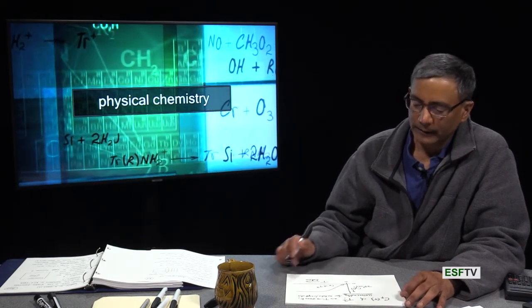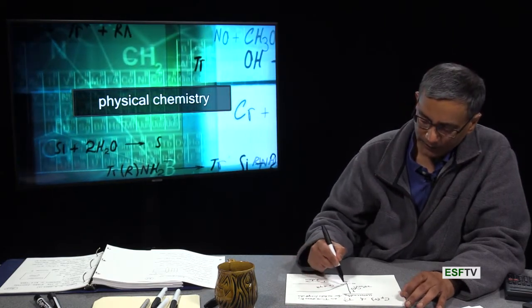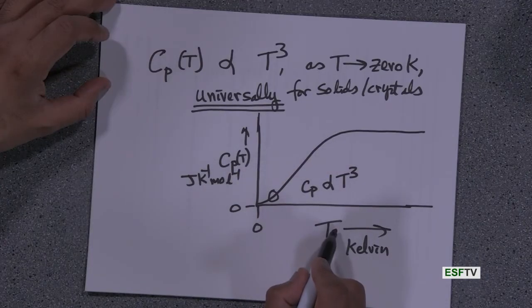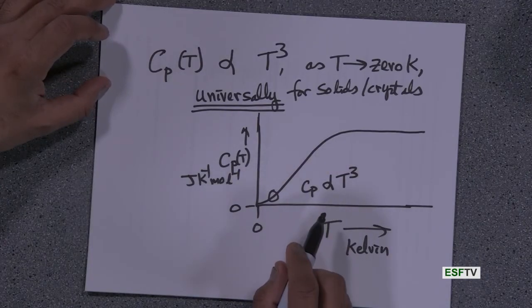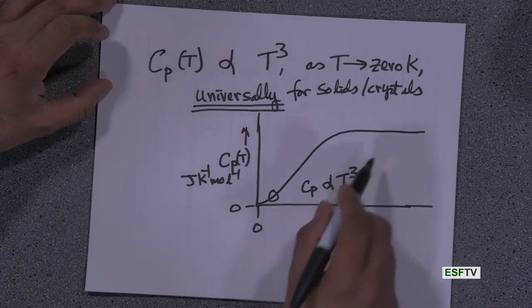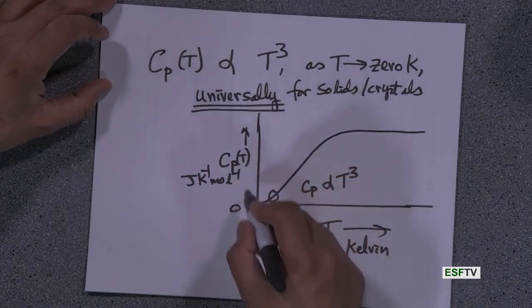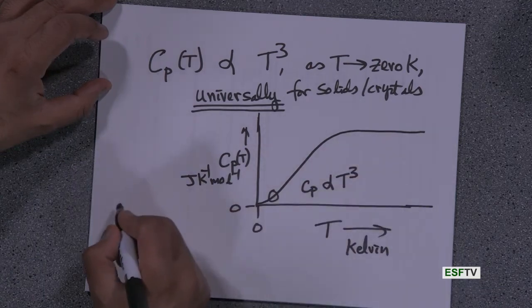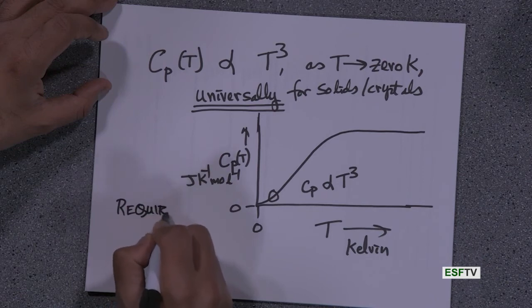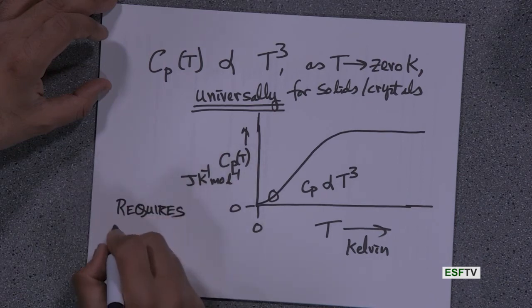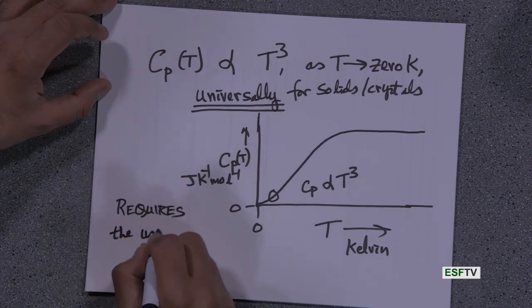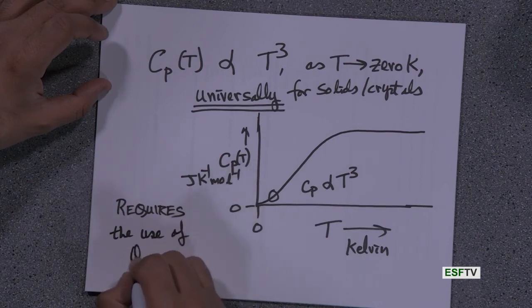It turns out that this behavior for the heat capacity as a function of temperature cannot be understood based on classical mechanics. Understanding this curve or predicting this behavior for the heat capacity as a function of temperature requires the use of quantum mechanics.